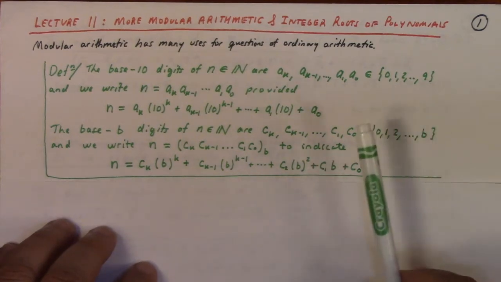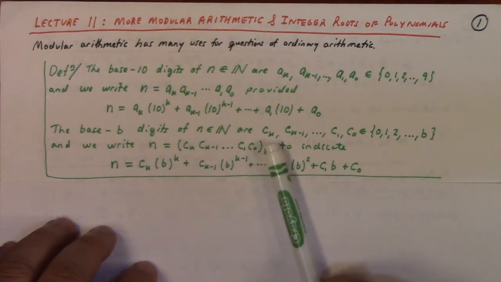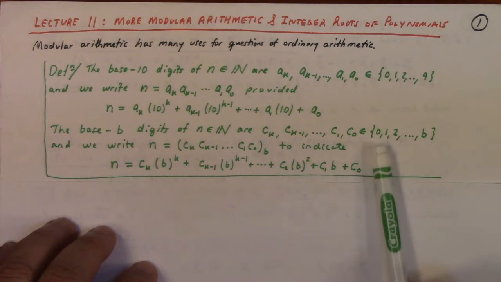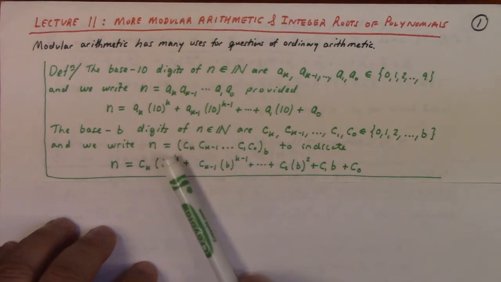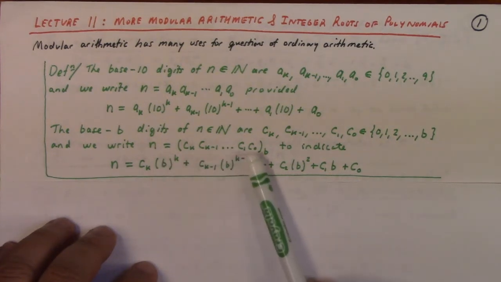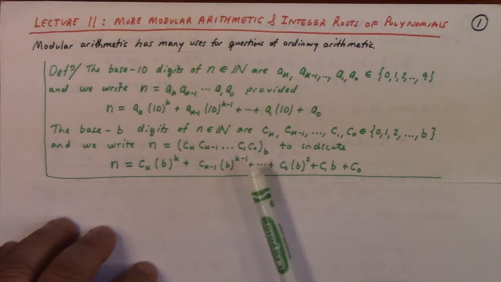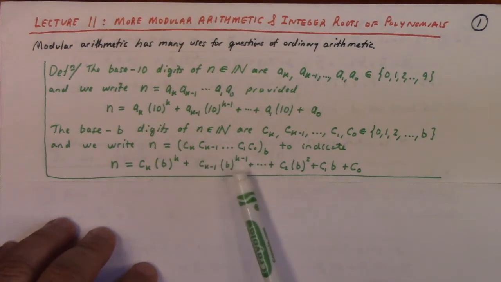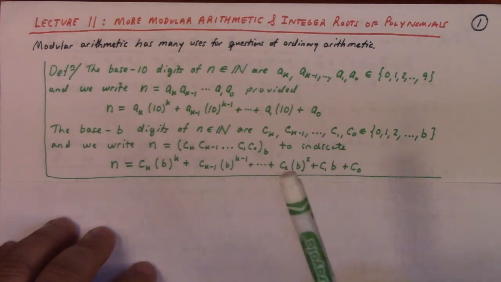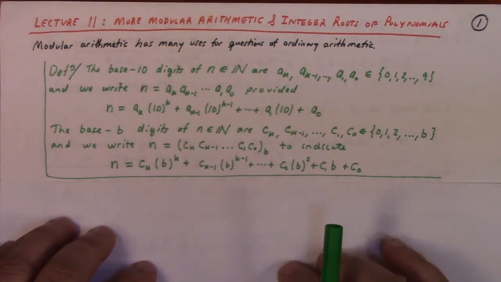So the base b digits, c_k through c_0, have to be taken from 0 through b minus 1. And then you could write n equal to (c_{k-1} ... c_1 c_0) sub b to indicate that n is equal to this. To be fussy, if we want to be consistent in our notation, I should always write parentheses sub 10 when I'm using the ordinary decimal expansion, but I'm not going to do that because it's really annoying.